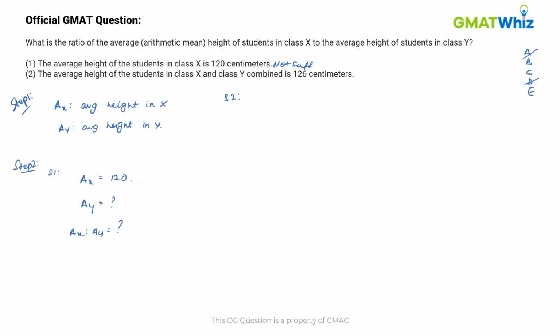Statement 2 tells us that the average height of students in class X and class Y combined is 126 centimeters.